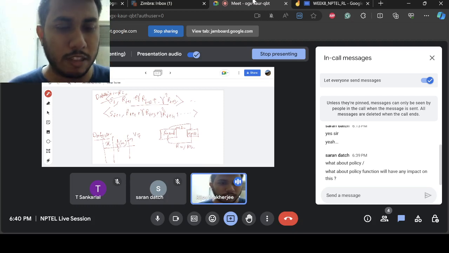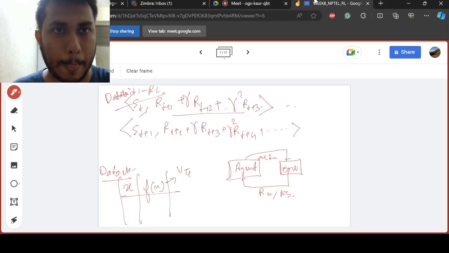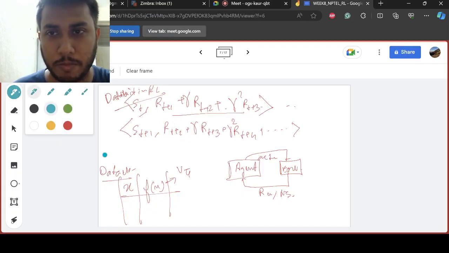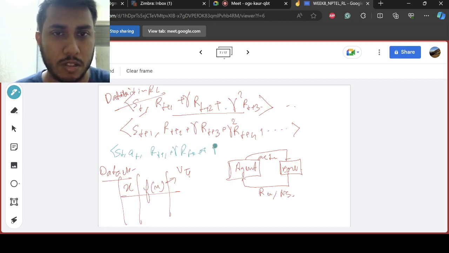Action values will also have something like this, where instead of only having st, you will also have st, at. Your typical action value function will look like this. Instead of this, you will have st, at, rt plus 1, gamma rt plus 2 plus gamma square rt plus 3 plus dot dot dot.